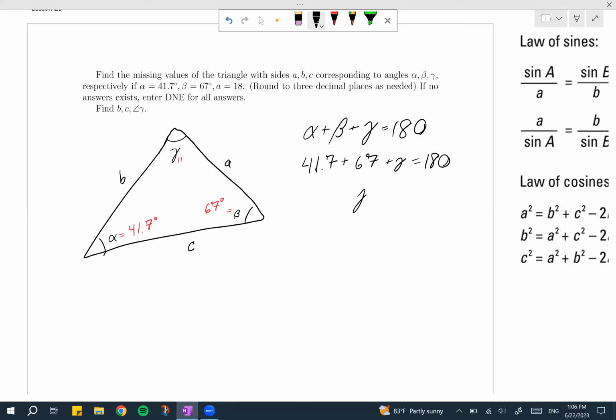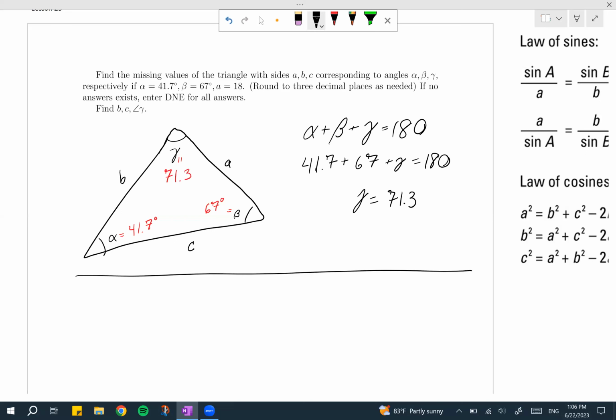I can rearrange and get that gamma is 180 minus 41.7 minus 67, and I get gamma is 71.3. All right, so I found all my angles.